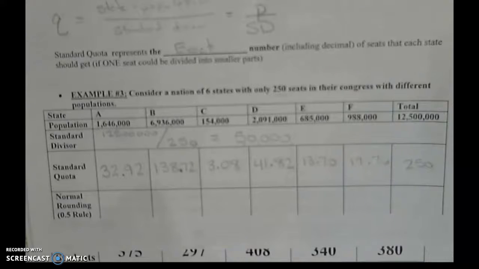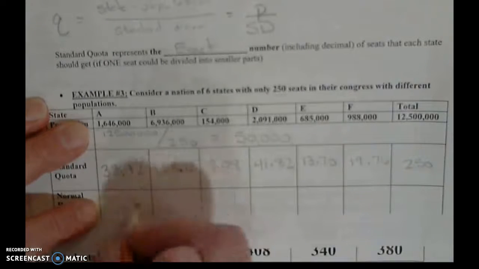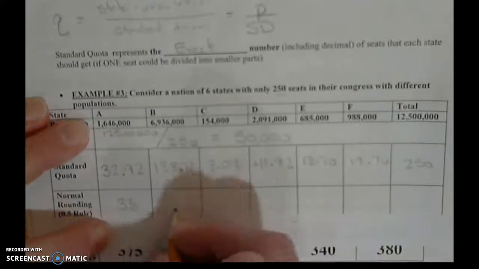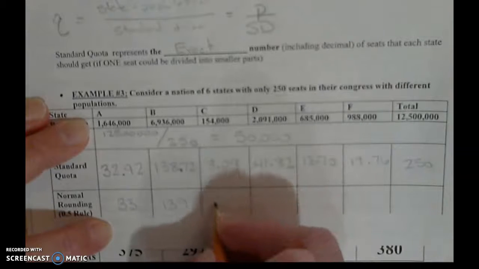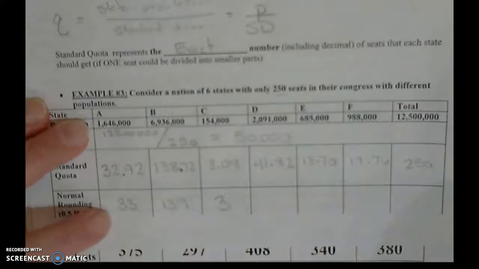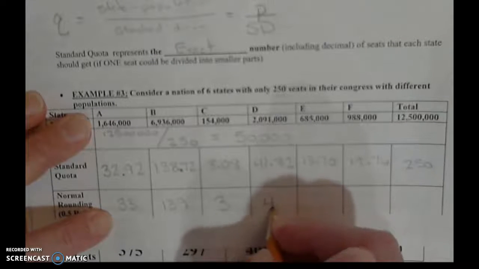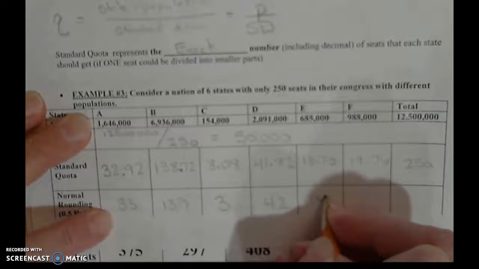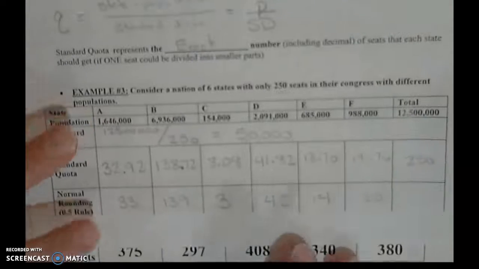So 0.9 would round up, 0.7 would round up, so that'd be 139. 3.08 would not round, so it'd stay at 3. 41.8 would round up, so 42. 13.7 would be 14. 19.76 would round up to 20.